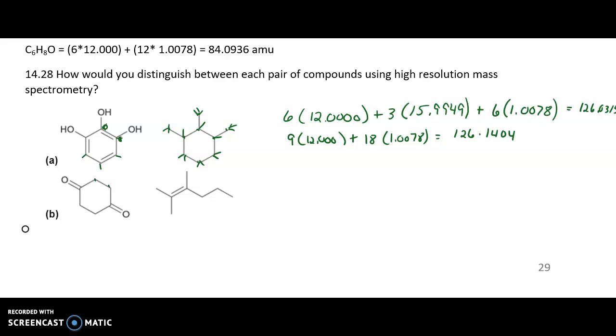Here we have 1, 2, 3, 4, 5, 6 carbons. We've got 2 oxygens. And 1, 2, 3, 4, 5, 6, 7, 8 hydrogens.